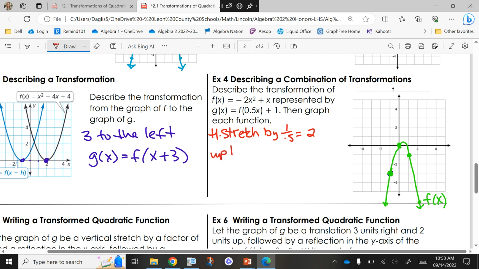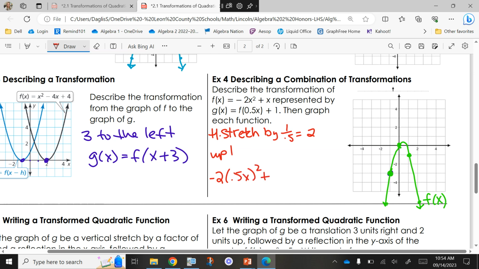Okay, so how on earth are we going to graph this new function? We are going to use a calculator. But what are we going to type in? I'm going to replace all the x's with 0.5x, right? See how 0.5x is together? So instead of -2x squared, it's going to be -2(0.5x) squared.